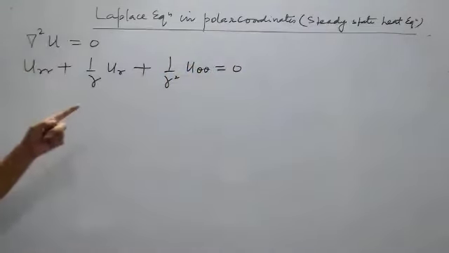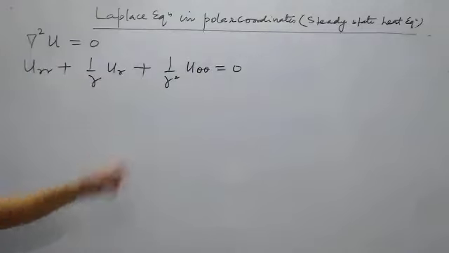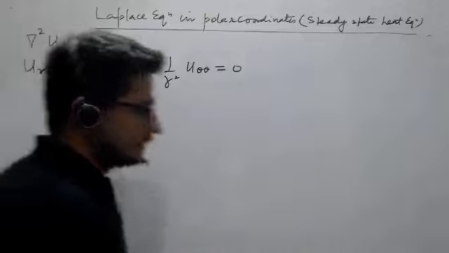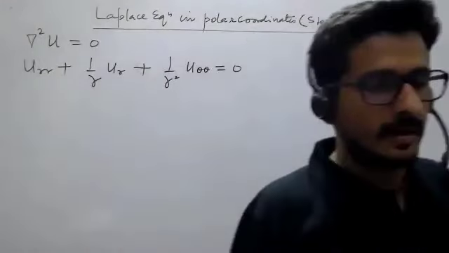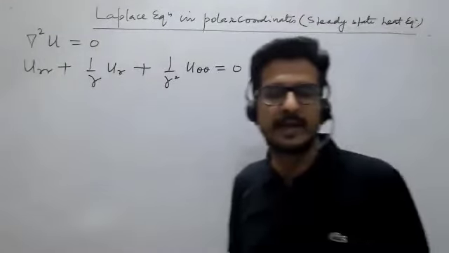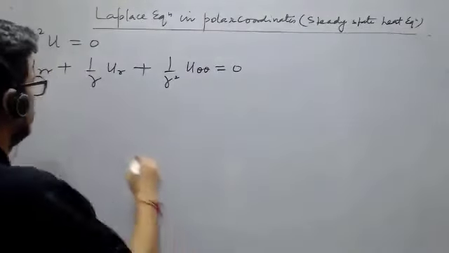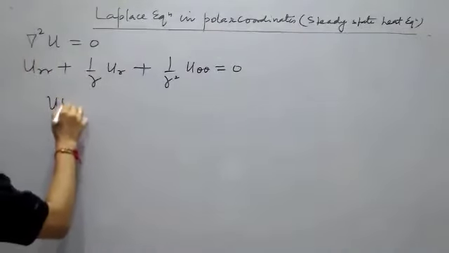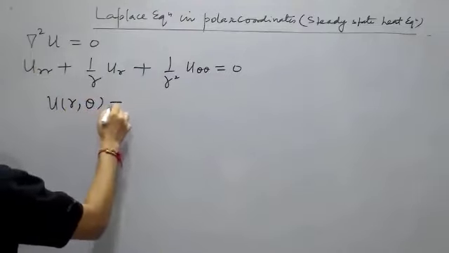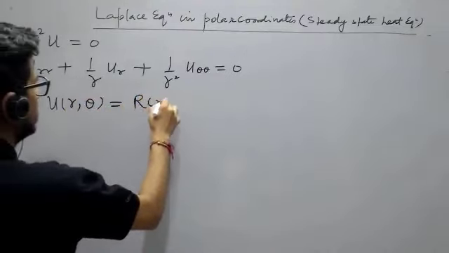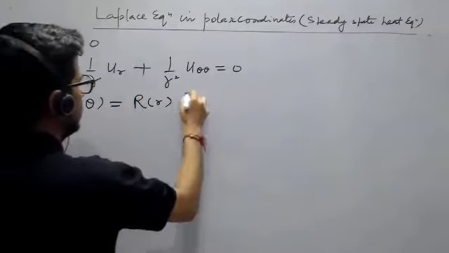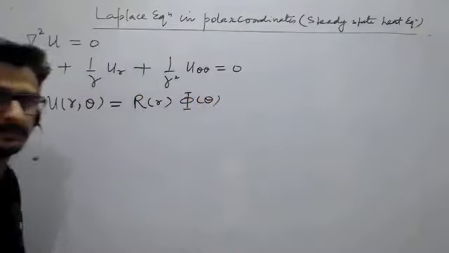I am taking the azimuthal symmetry so that the phi component is not there. So this is the Laplace equation or steady state heat equation that I am going to discuss. This is kind of 2 dimensions. So u of r comma theta, let me take as capital R of r and capital Theta of theta.